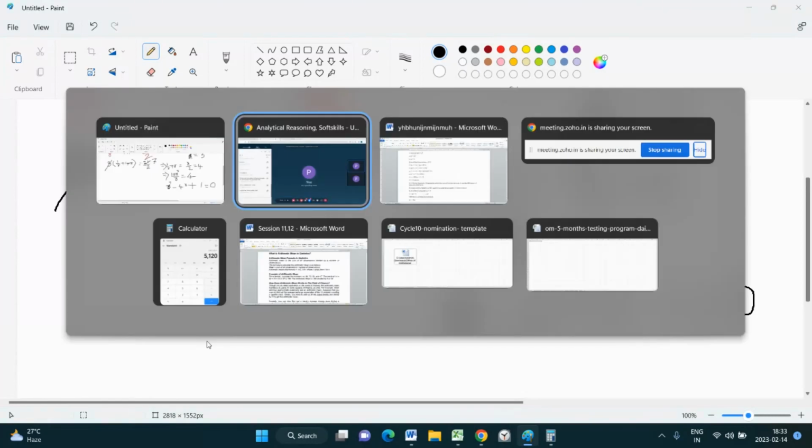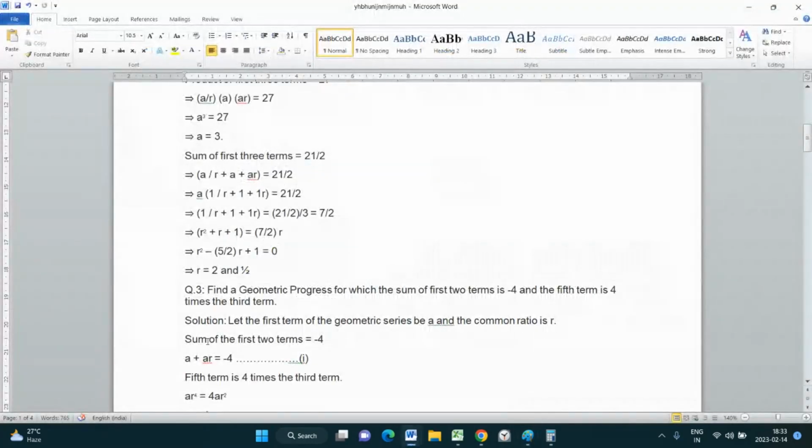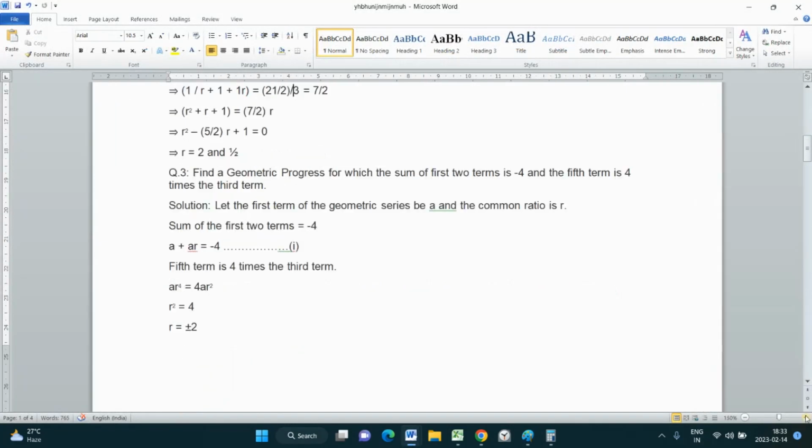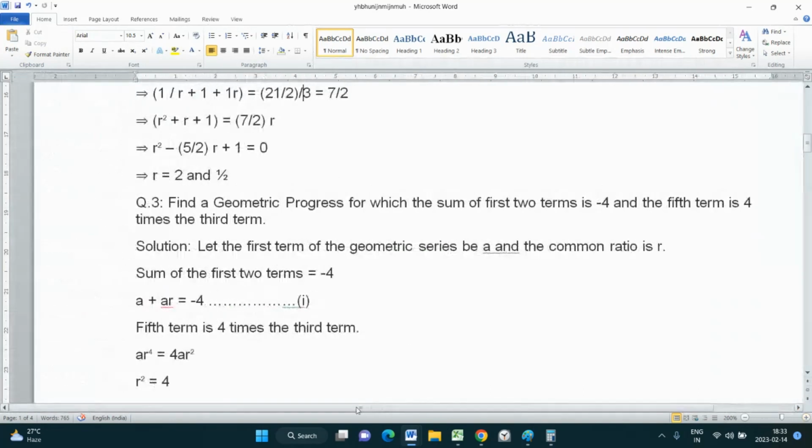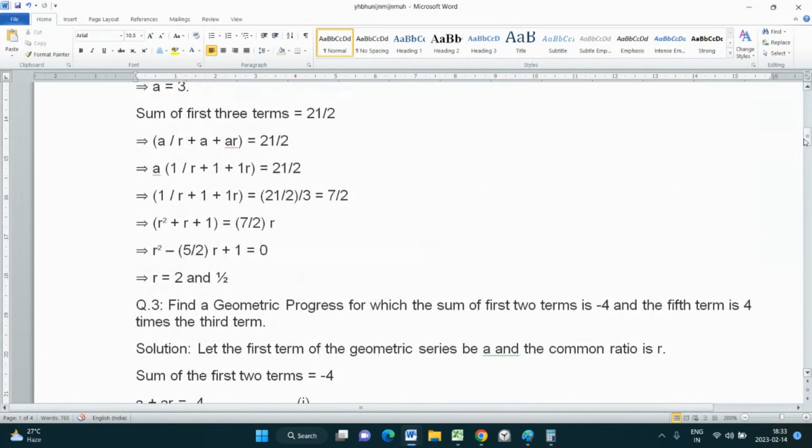Children, tell me no. This is the right answer. Now you tell me if I have made a mistake.